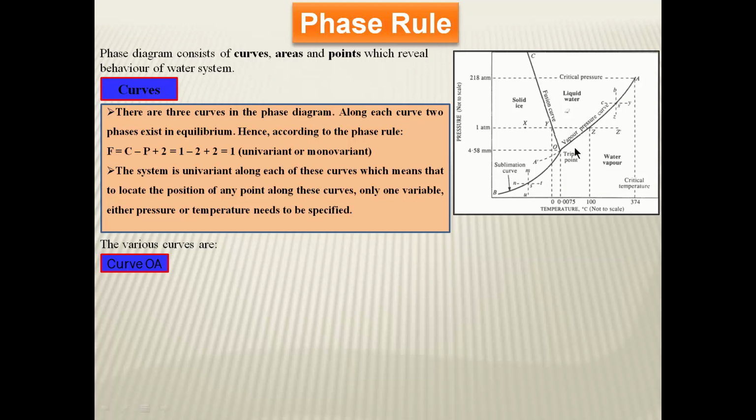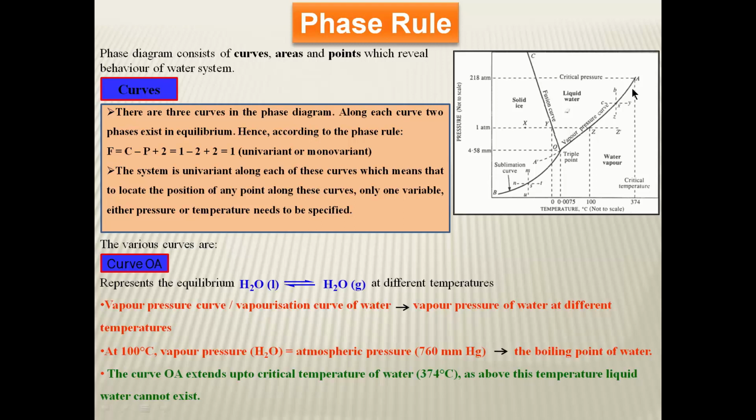As is clearly mentioned, OA is the vapor pressure curve, and this represents the equilibrium between liquid water and gaseous vapor at different temperatures. This is known as the vapor pressure curve or vaporization curve of water. Why? Because it represents the vapor pressure of water at different temperatures.